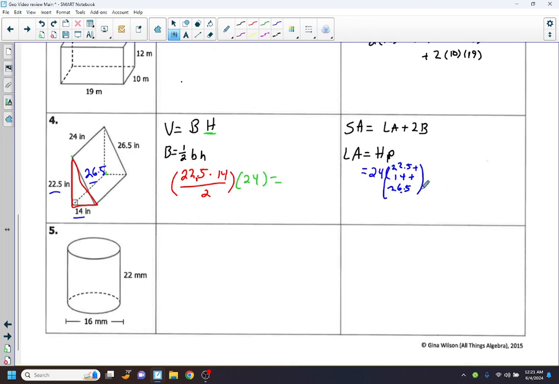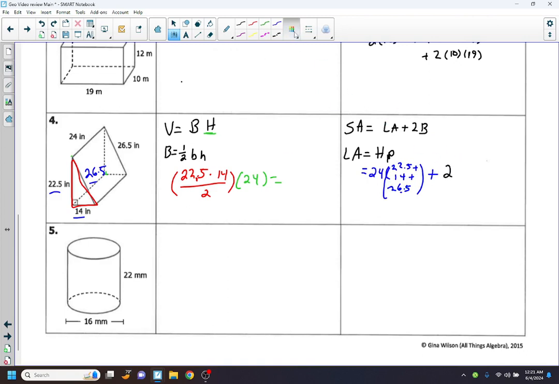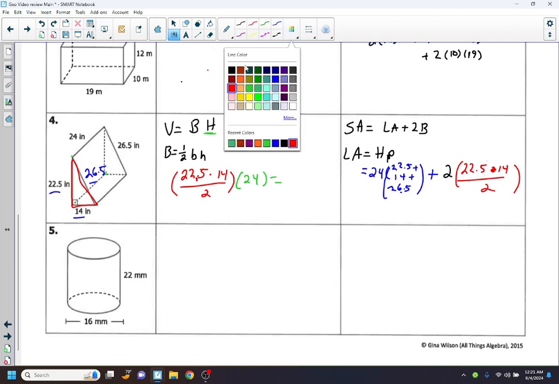So we add that up. And then we're going to add that to 2 times base. So 2 times the base, which we found earlier, is over here. So I'm just going to rewrite it as 22.5 times 14 over 2. It's still a triangle base, so it's still that kind of base. All right, type that in your calculator, you got your answer.